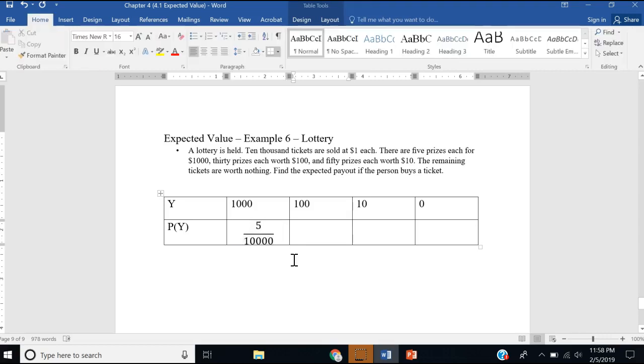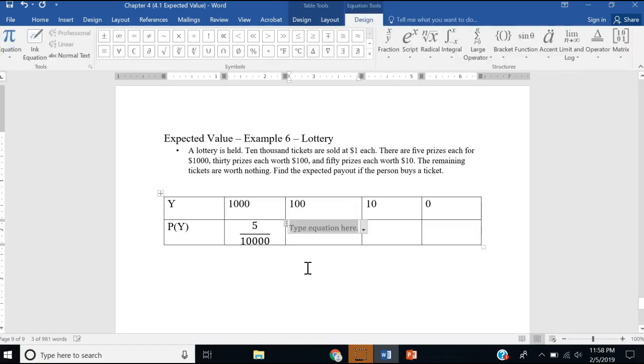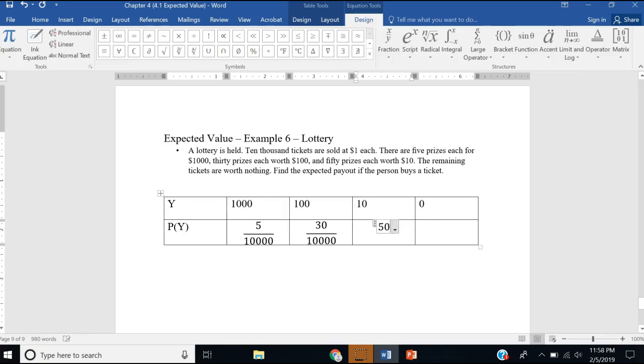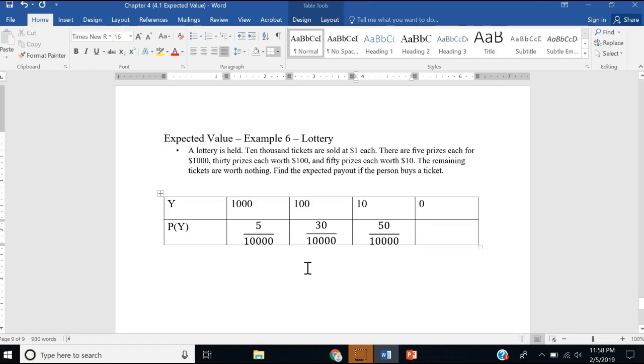So classical probability gives me that probability. Similarly, 30 of the 10,000 prizes are the $100 prizes. 50 of the prizes out of 10,000 are the $10 prizes, and the rest have nothing.